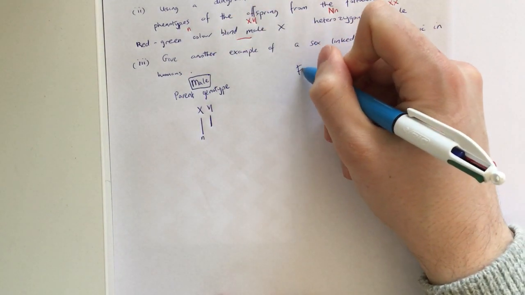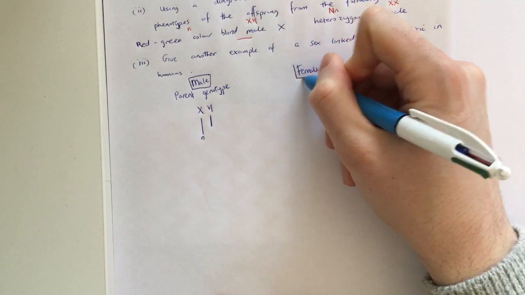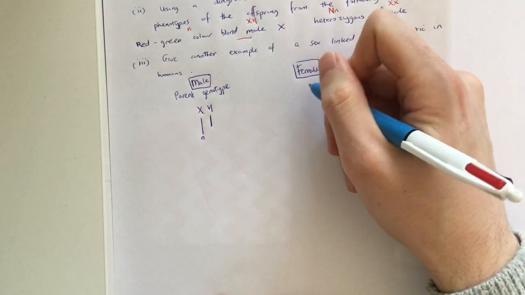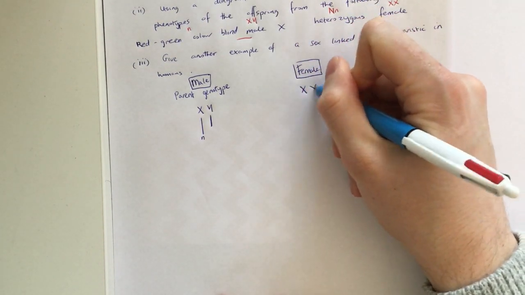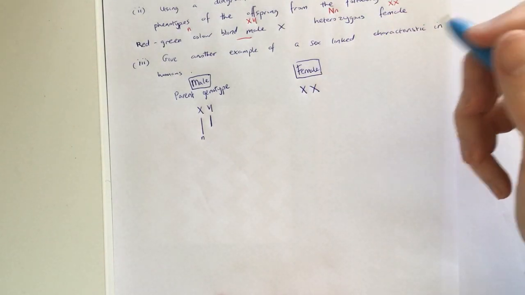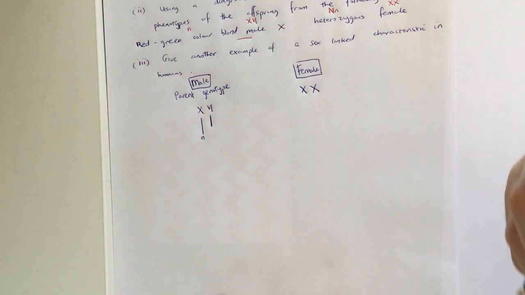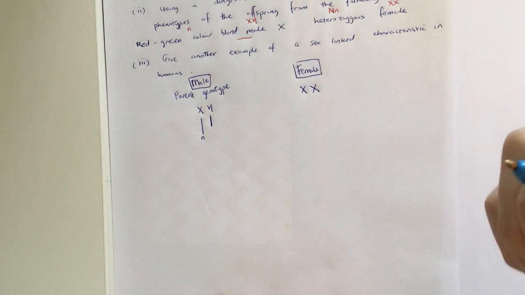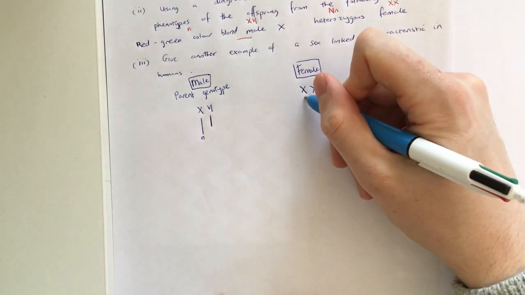We next have the female. Okay, so they're reproducing, and the female is always going to be XX, because those are the chromosomes for a female. We know that this female has heterozygous alleles. Because she has an X chromosome, each of her chromosomes is going to carry one of these alleles for vision.